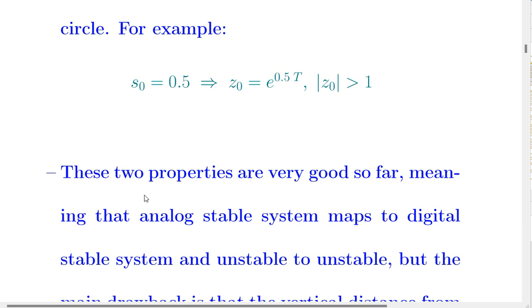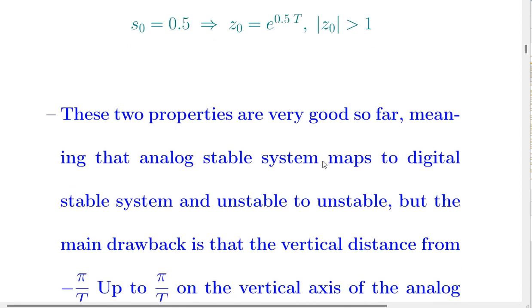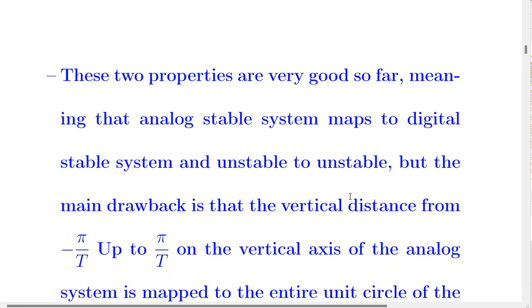Now, these two properties up to here are very good so far, meaning that an analog stable system, you just remember it from the Laplace transform definition, maps to a digital stable system and unstable to unstable. Okay?